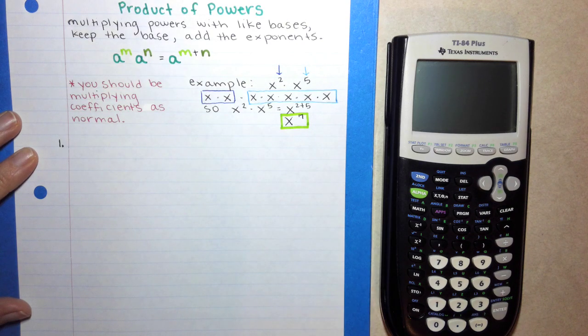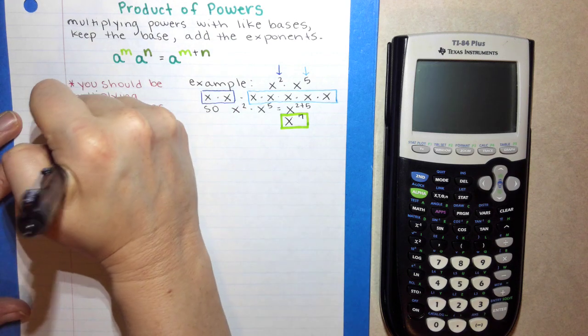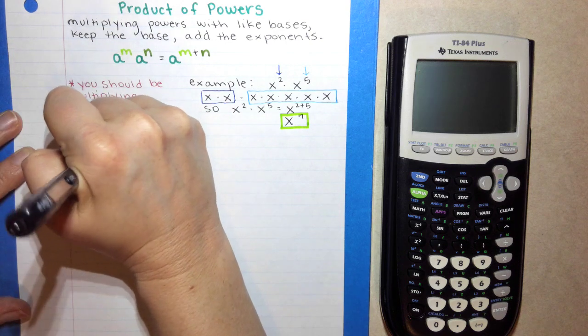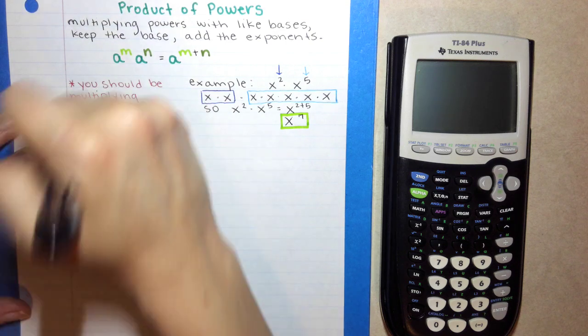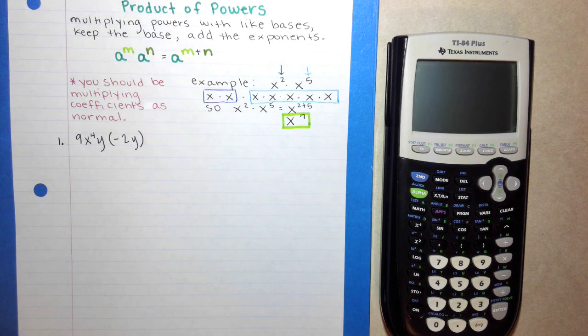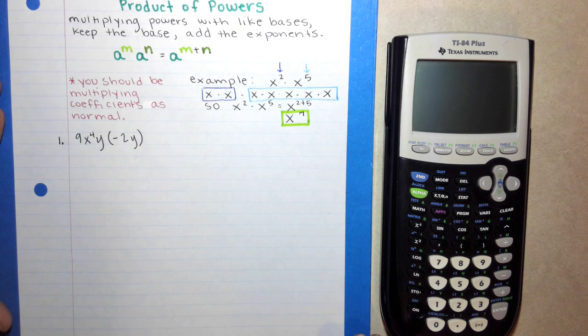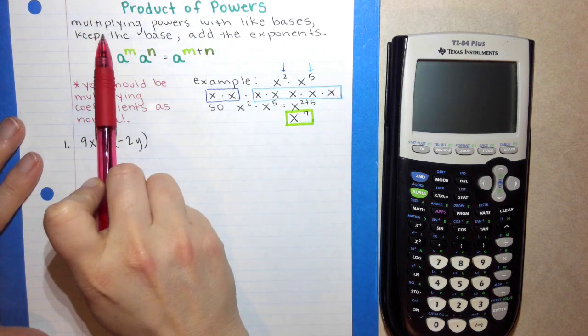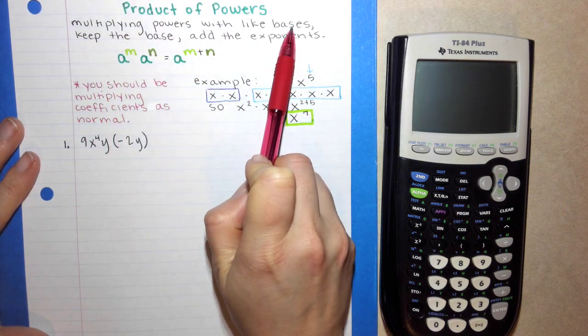Our first example today is going to be 9x to the fourth y times negative 2y. All right, the first thing that I'm going to do is make some markings on my paper just to help you organize yourself. What you want to do is multiply coefficients by coefficients and then like variables, because in order to use our rule, we have to multiply powers with like bases.